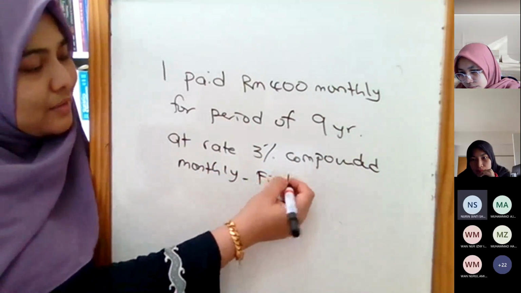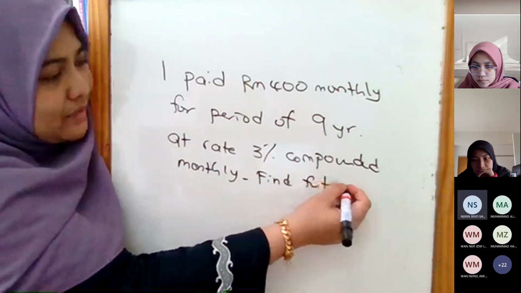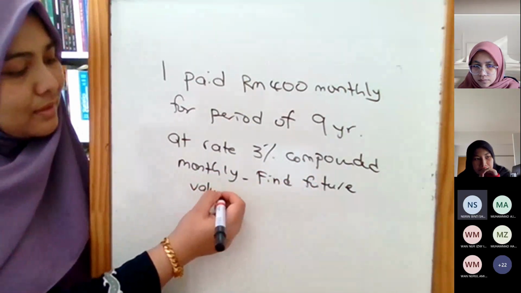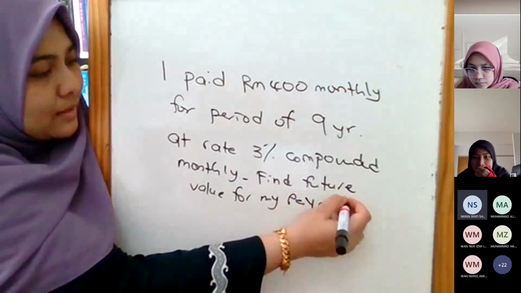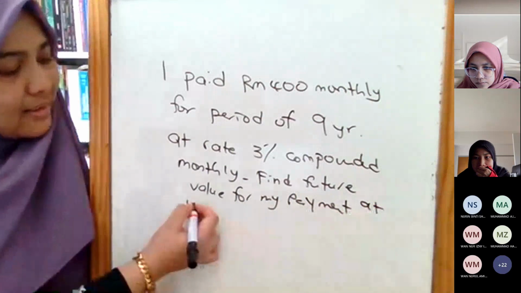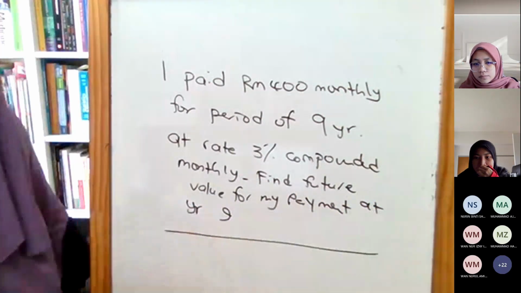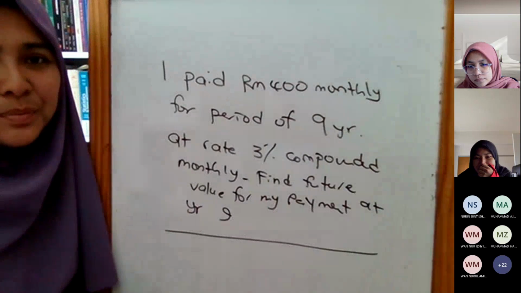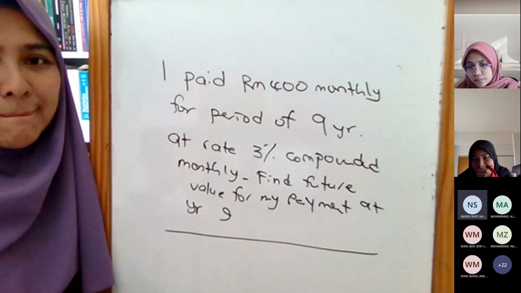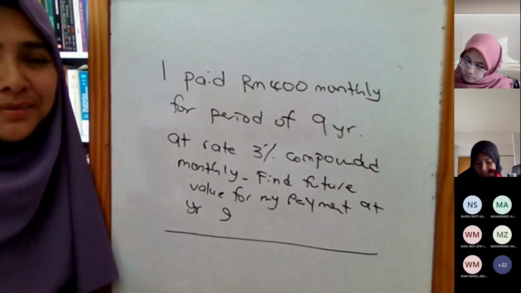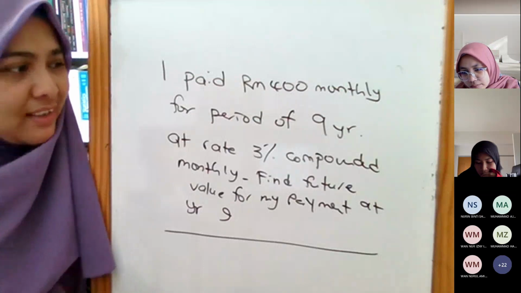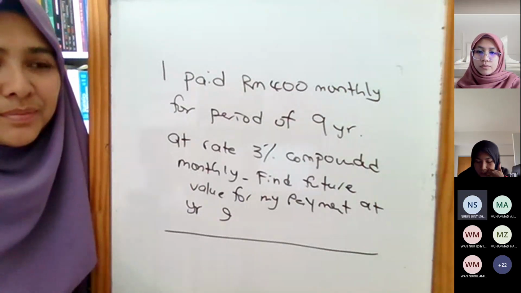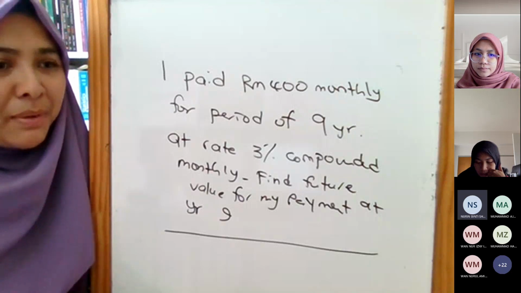Find the future value of my payment at year 9. Nurin, simple, compound or annuity? Just try, Nurin. We learn together. Do you think this is simple, compound or annuity? Annuity, I think. Why annuity?